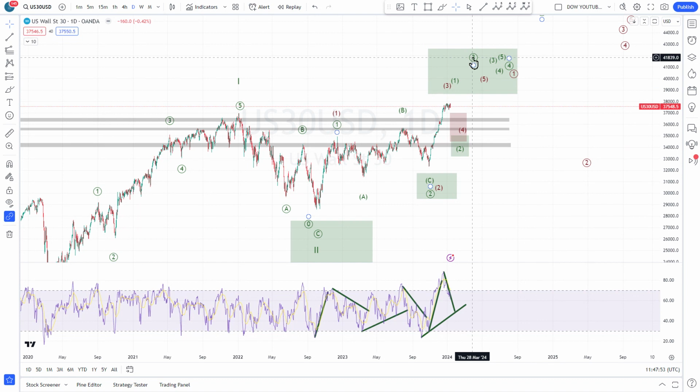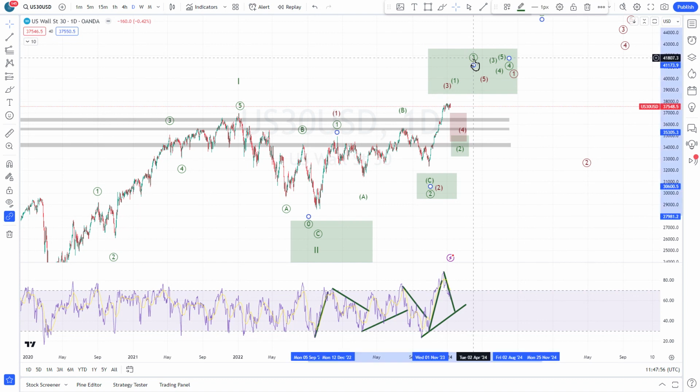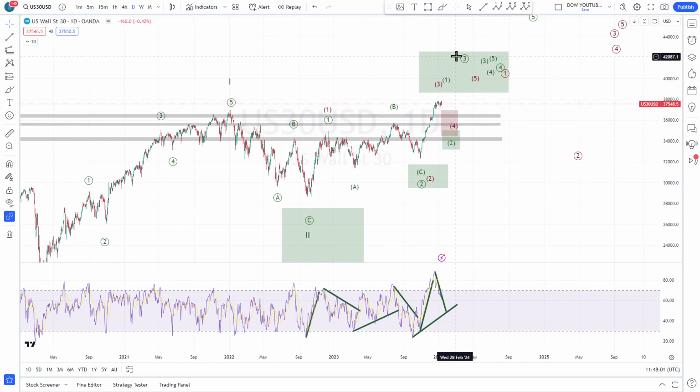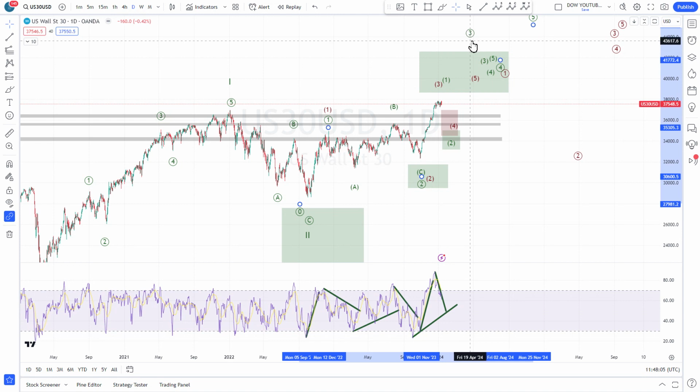So that would be one possibility, that we are working on this wave 3, and if we go beyond the 1.618 FIB extension, then it is likely to have 5 sub waves here, or we should have 5 sub waves. What I mean is then we probably, if we extend, then this was only the wave 1 here, finished right here. Wave 2 pullback should then follow, 3, 4, 5, and extension.